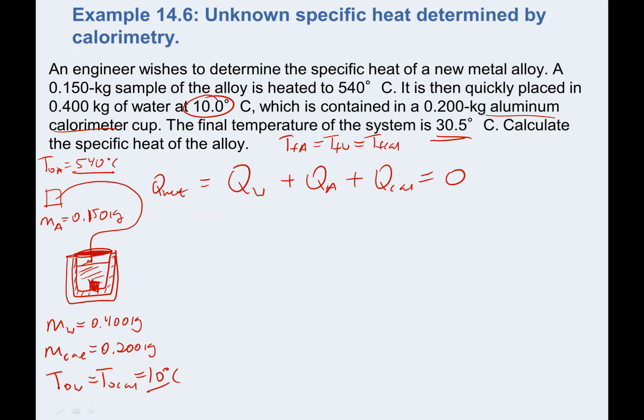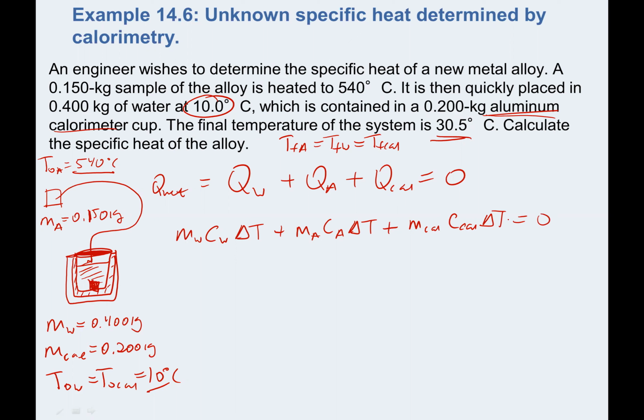Q water is mass of water times specific heat of water times delta T. Then plus Q of alloy, which is mass of alloy times specific heat of alloy times delta T. Then plus the calorimeter cup: mass of the cup times the specific heat of aluminum, which we get from a table, times delta T.